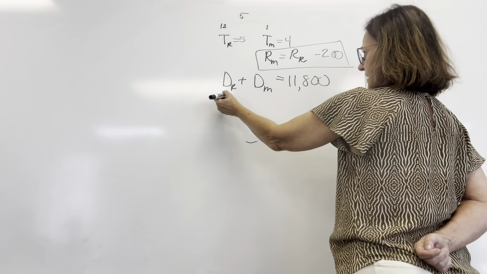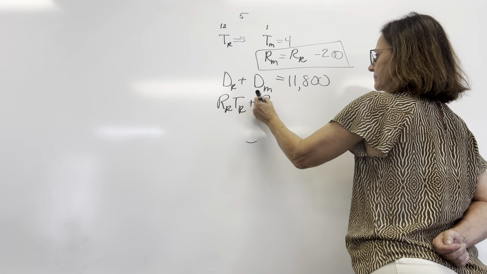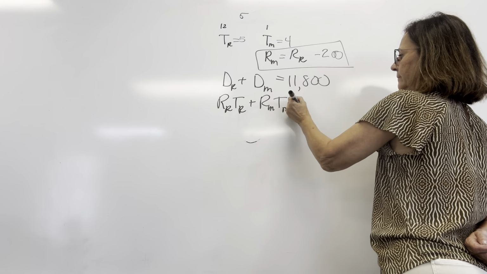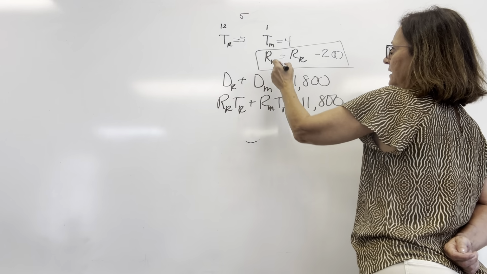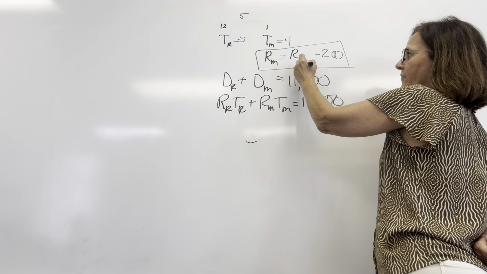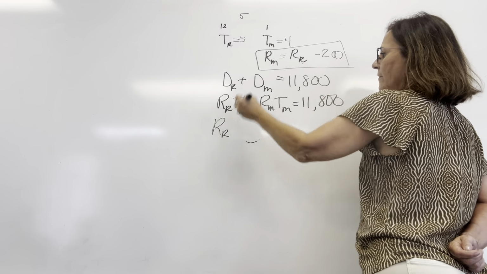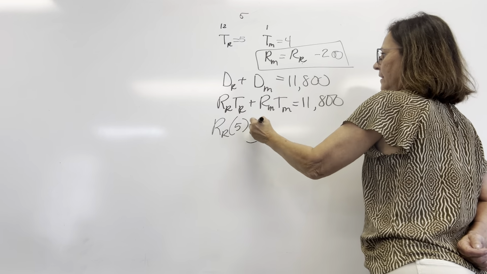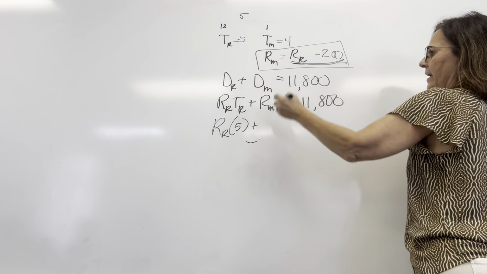And then I'm going to use this to substitute in so that I only have one variable. Because distance equals rate times time. I'm going to leave the rate of Rocket Man in as R. The time of R is 5. But for the rate of Moonfa, this is what I'm going to substitute in.